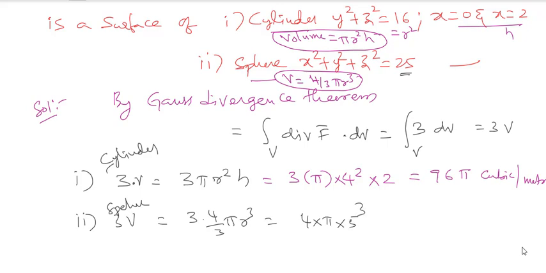So that is 5 cube, which is nothing but 500 pi cubic meters. This is how you need to calculate the problems based upon the divergence theorem. Many problems are there, so just try to solve now. Clear with my point?